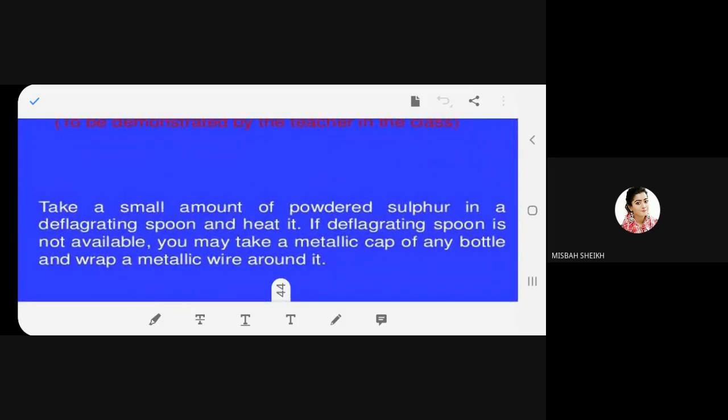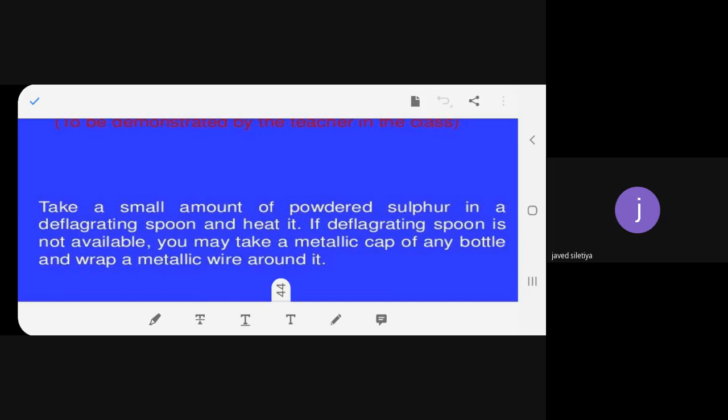Yes, ma'am, can I read? Yeah, read. Take a small amount of powdered sulfur in a deflagrating spoon and heat it.